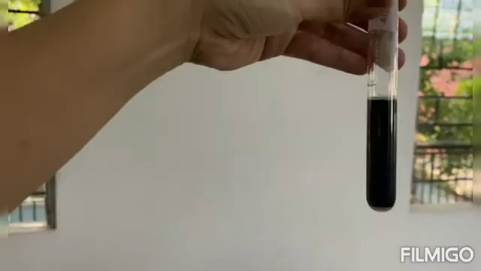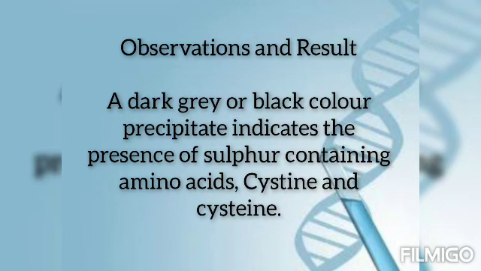And this is the observation for albumin, that is grey or black colored precipitate is observed at the bottom. Observation and result: a dark grey or black colored precipitate indicates the presence of sulfur containing amino acids, that is cysteine and cystine.